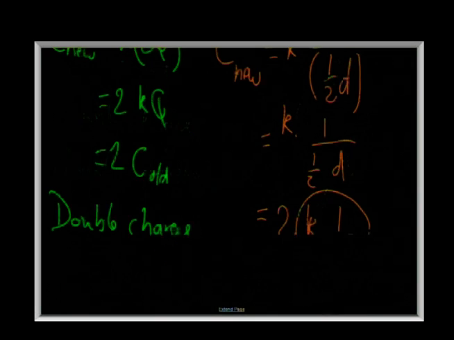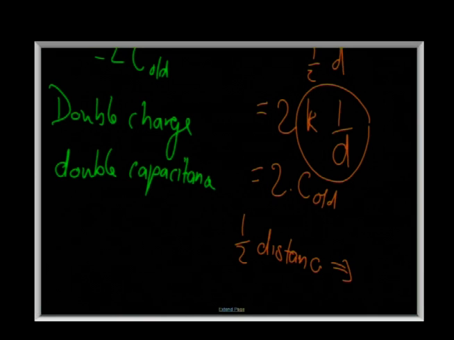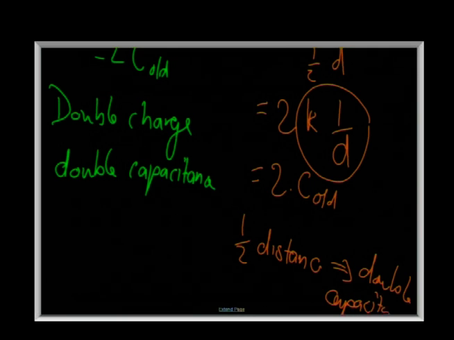And so what does that mean? It means that when you halve the distance, you double the capacitance. Now what happens if you do both? Double the charge and you halve the distance.